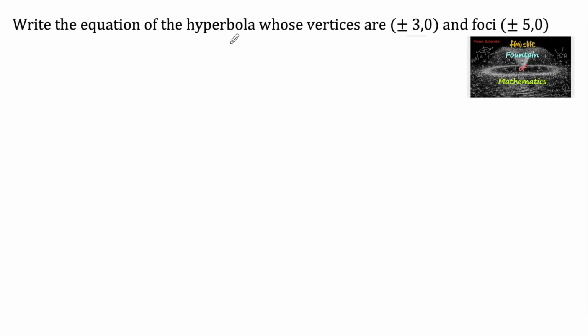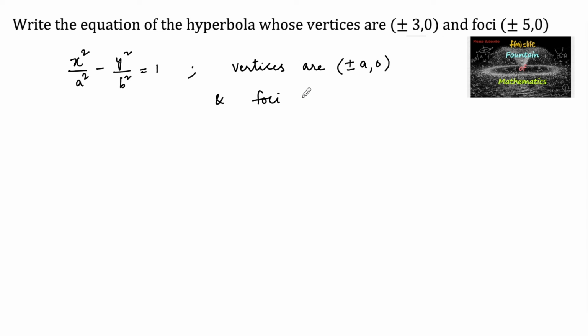Write the equation of the hyperbola whose vertices are plus or minus 3, 0 and foci plus or minus 5, 0. We know that for standard hyperbola, x square upon a square minus y square upon b square is equal to 1. Its vertices are plus or minus a, 0 and foci plus or minus ae, 0.